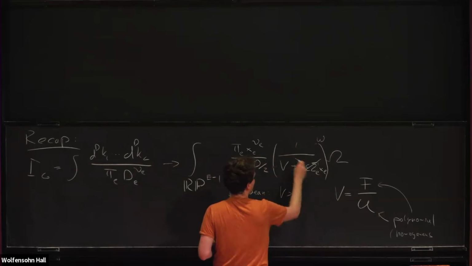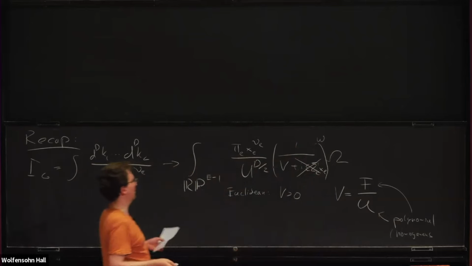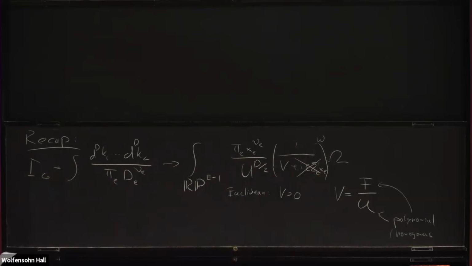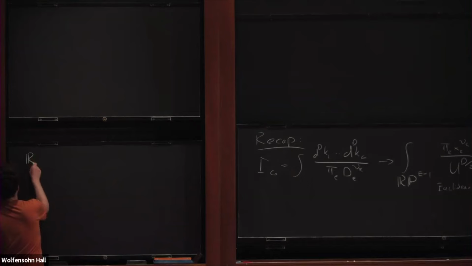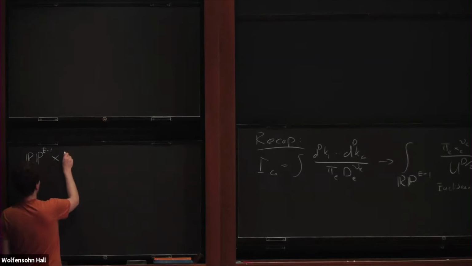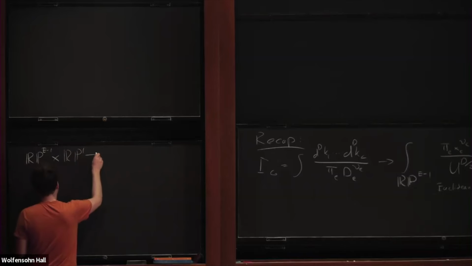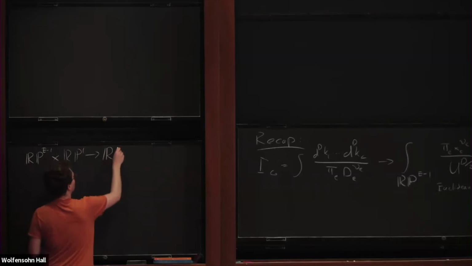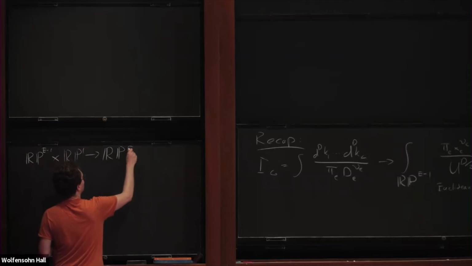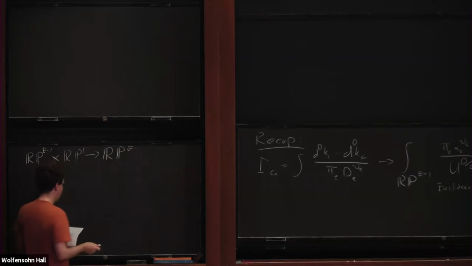And as we are in the Euclidean regime, we can also forget about the i epsilon for now. And in this case, we can use, again, a diffeomorphism from RP E minus 1 cross RP1, which is also relatively standard, to RP E.